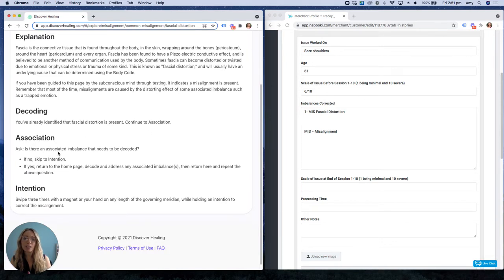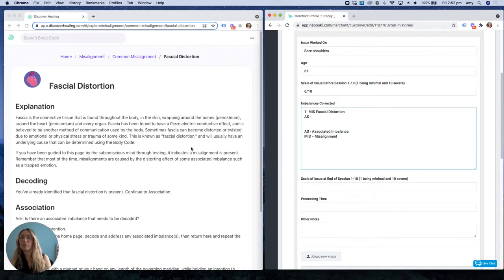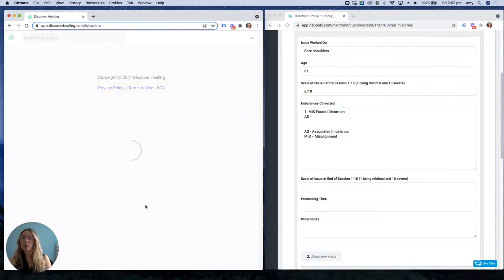I'm going to ask if there's an associated imbalance that needs to be decoded. And there is. This means that there's something connected with this fascial distortion there. Then we go back to the home page.